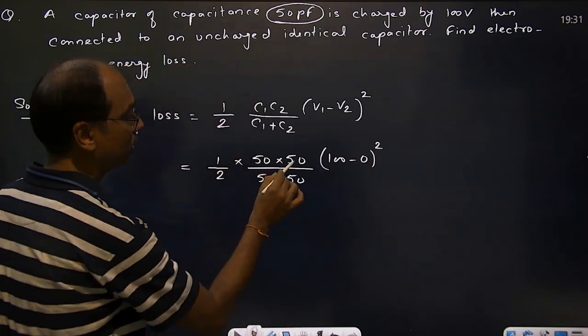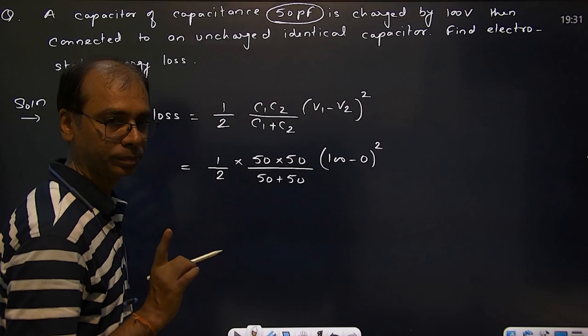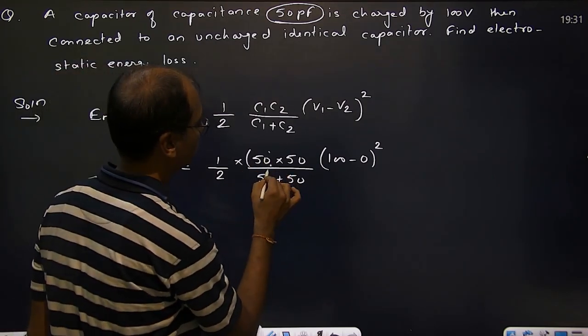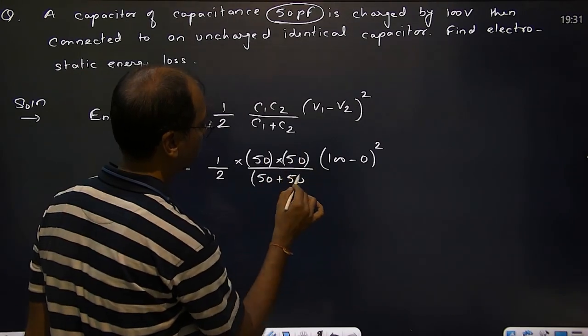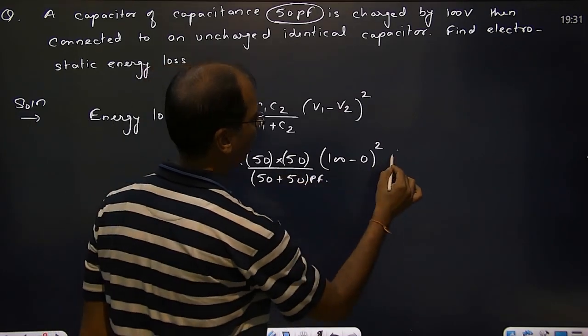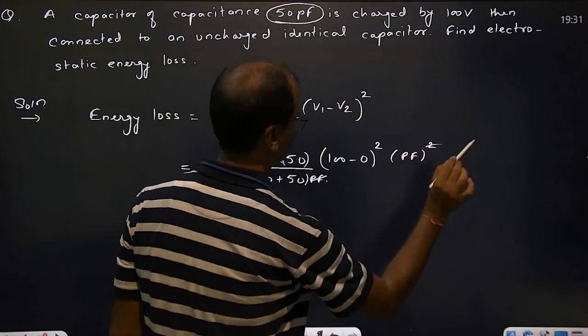Simple, keep it 1 by 2, 50 into 50 by 50 plus 50 into 100 minus 0 whole square. But remember that this is in picofarad. Picofarad means 10 to the power minus 12. Remember, because normally we forget. This is also picofarad, here is also picofarad. This is picofarad square, so 1 picofarad cancels.